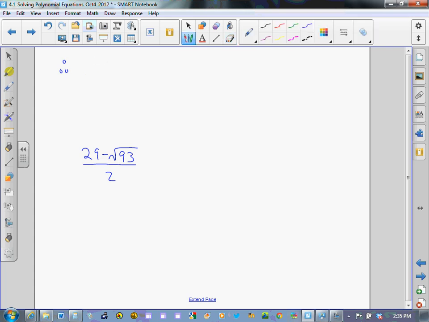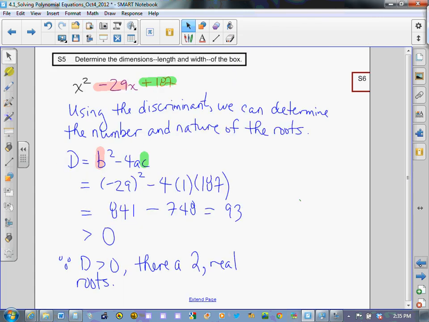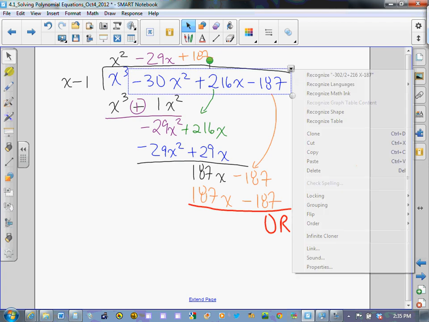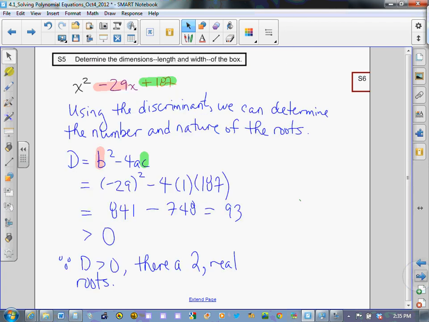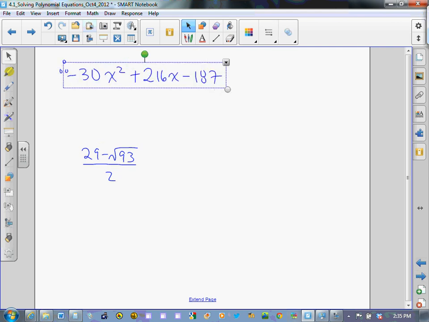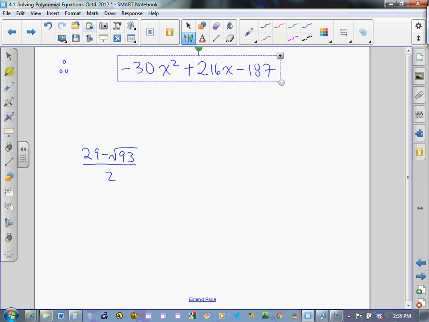I'm going to backtrack. I'd like to bring out that equation we had earlier. See if I can copy this expression, bring that forward. So therefore, 0 equals x cubed, etc., for all values.